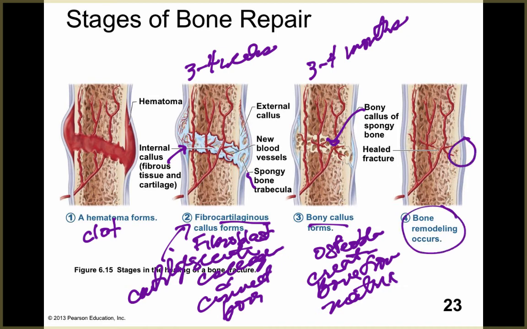Sometimes you'll notice you have areas on the outside and you want this to be very nice and flat, so you're going to get bone remodeling happening. You might have osteoclasts that come in and start eating out some of the areas to make it nice and aligned with both sides. Or you may even have more osteoblasts depending on pressure and the mechanical stress that's happening.